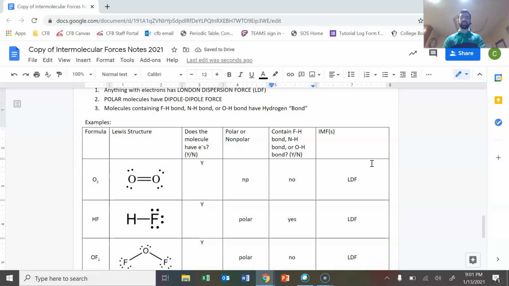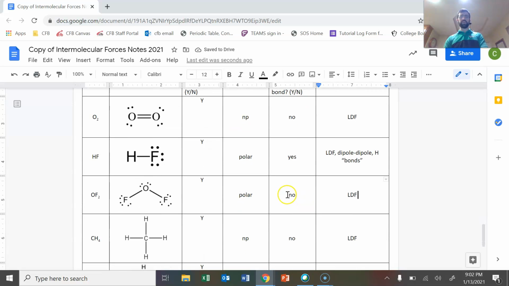All right, so all we have to do is decide what other types of intermolecular forces we have. We have LDF for every one of them. If it's nonpolar, it's just LDF. You keep moving. If it's polar, then it also has dipole-dipole, because remember, a dipole is another way of saying it's a polar molecule. So dipole-dipole forces. And because it does have an HF bond, it also has hydrogen bonds.